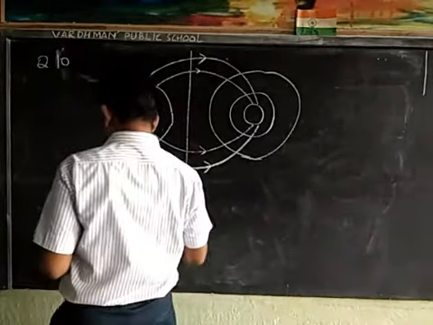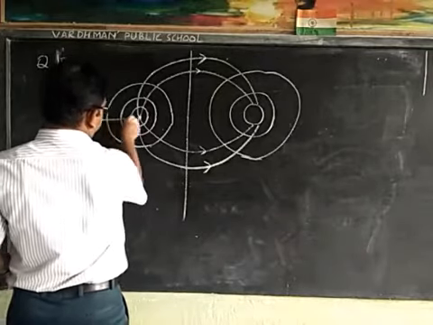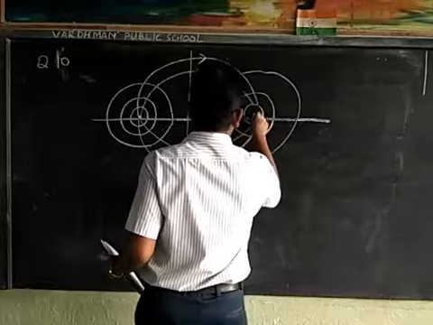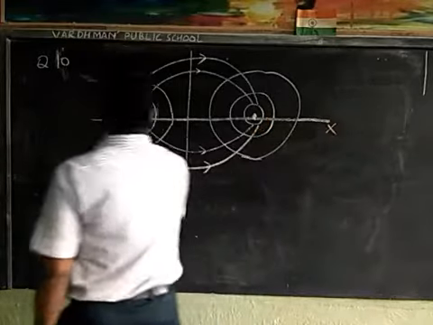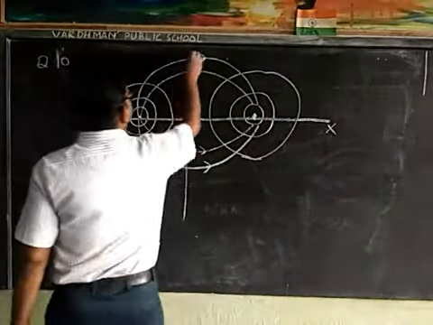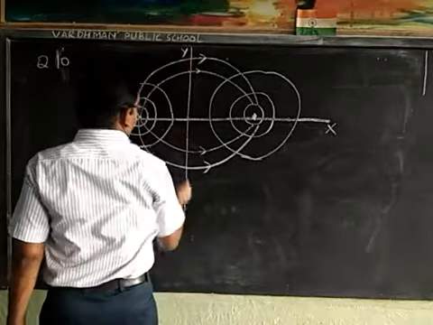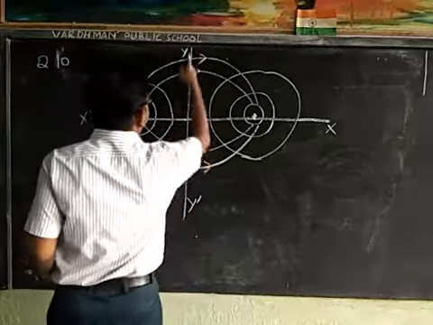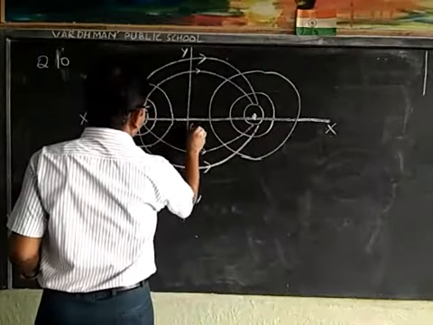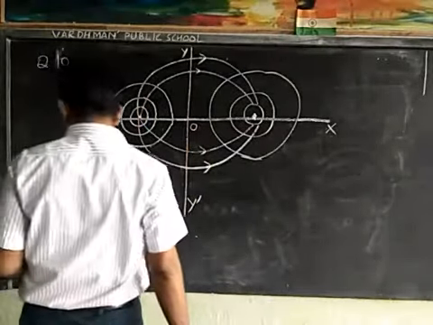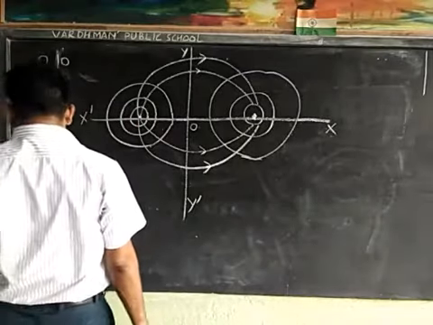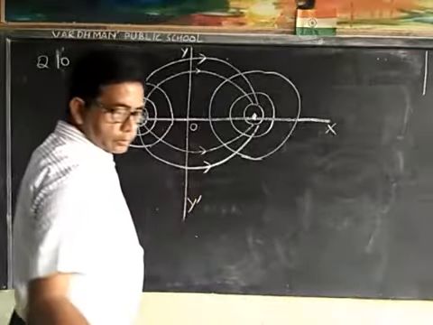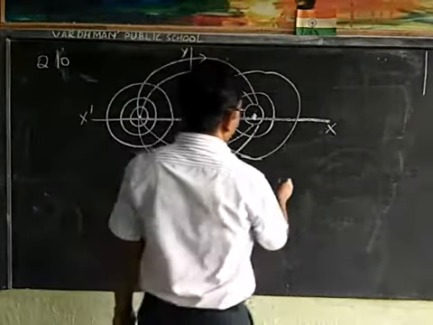Now we see this is the x dash axis and this is the y dash axis. On this line equipotential is 0 and this is the origin.